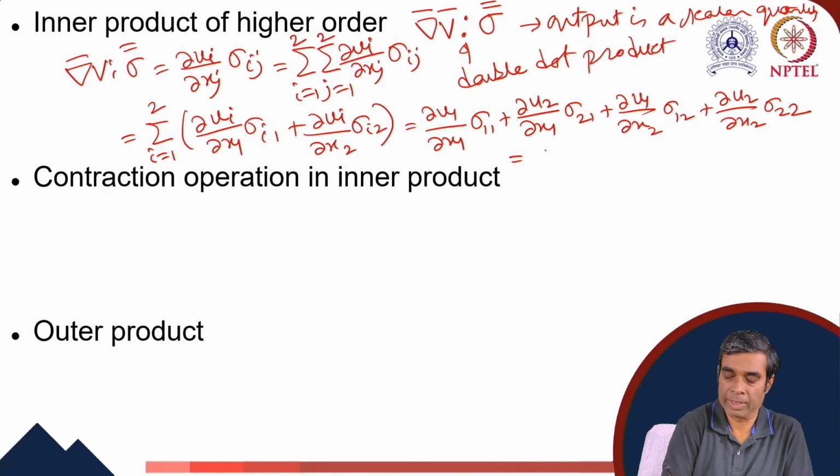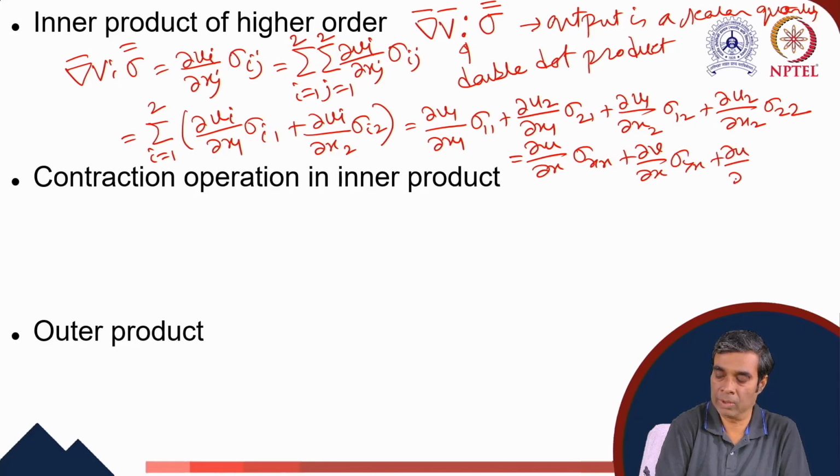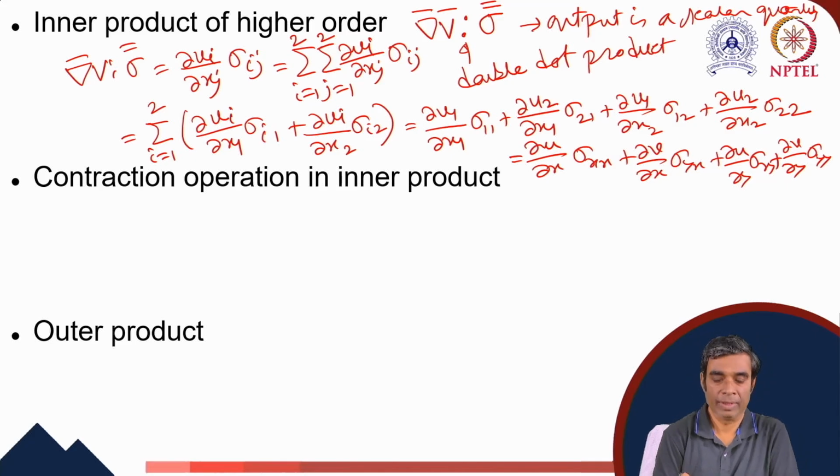So we can write it using the conventional symbols. u1 stands for u, x1 stands for x, and in that way we can write it as del u del x sigma xx plus del v del x sigma yx plus del u del y sigma xy plus del v del y sigma yy. Next, we define the contraction operation of inner product.